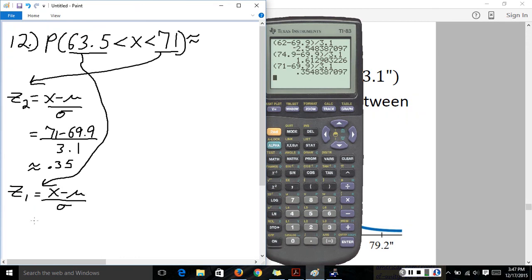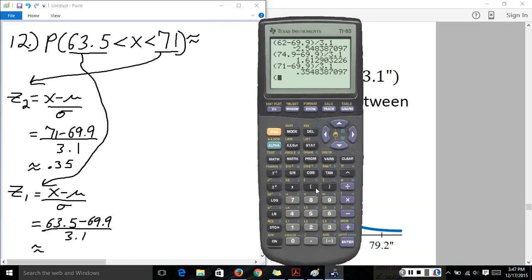The sub 1s and sub 2s just help me differentiate between which one I'm talking about. And I get negative 2.06.